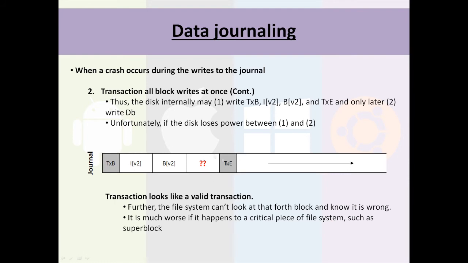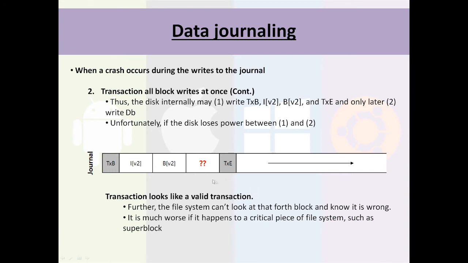It would replay this transaction here and ignorantly copy the contents of this now garbage block to the location where DB is supposed to live. Okay, so this is obviously bad for arbitrary user data in a file, but it is much worse if it happens for a critical piece of the file system, such as the super block.